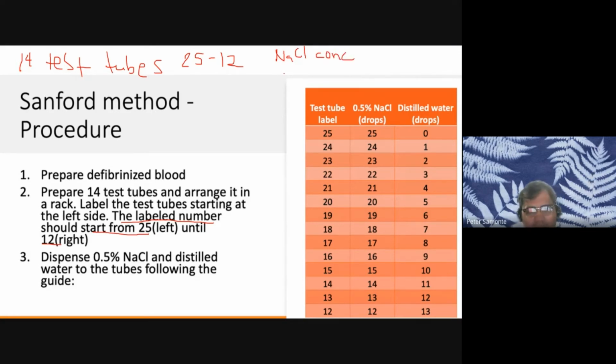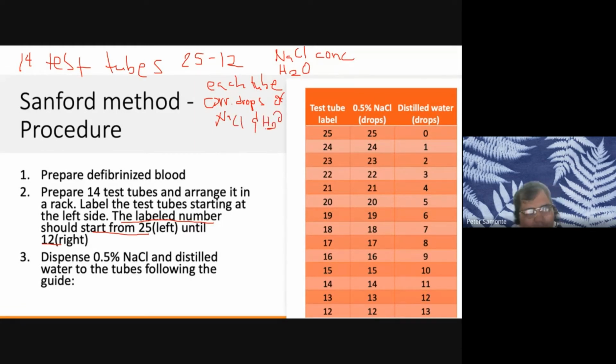Now, along with sodium chloride concentration, class, we're going to use distilled water. For each tube, you're going to add a corresponding number of drops of NaCl and water.